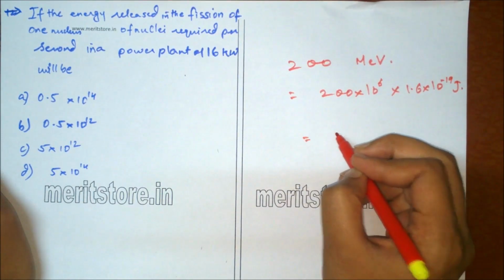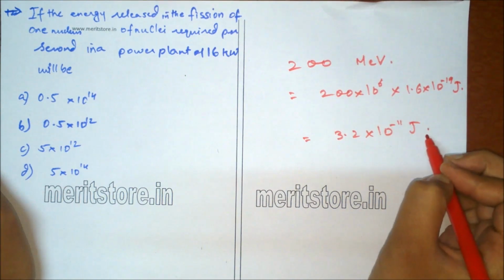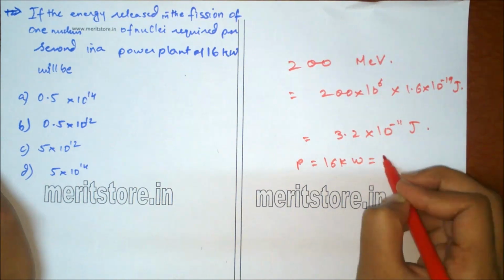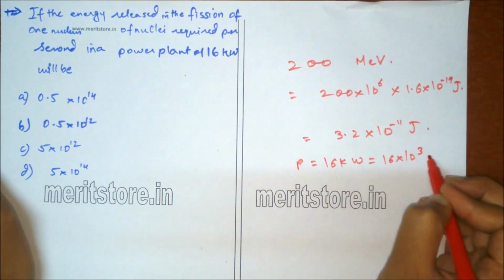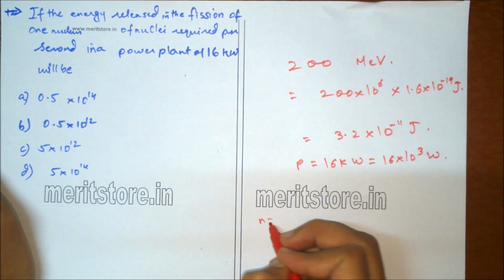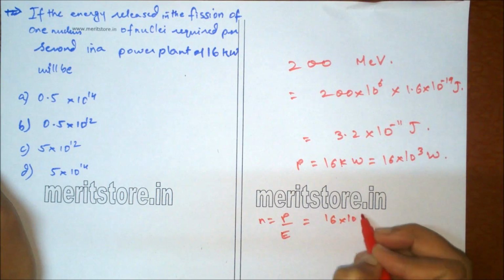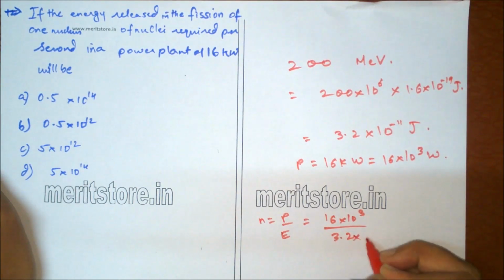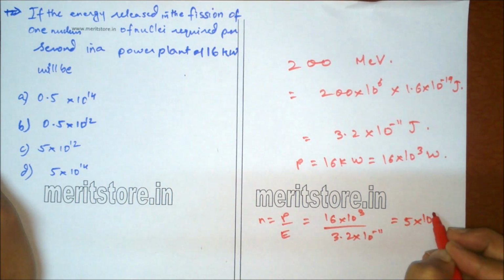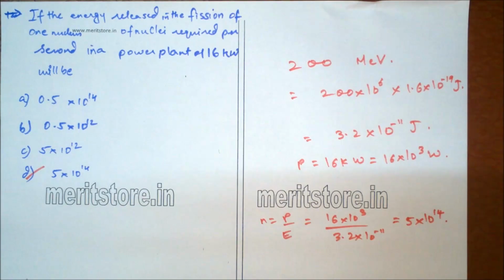So converting the energy in joules, 3.2 into 10 raised to minus 11 joules. So power is 16 kilowatt is given, which is 16 into 10 raised to 3 watt. Now number of nuclei required per second is equal to power upon E, energy. 16 into 10 raised to 3 divided by 3.2 into 10 raised to minus 11. On solving, we get 5 into 10 raised to 14. So option D is the correct answer.